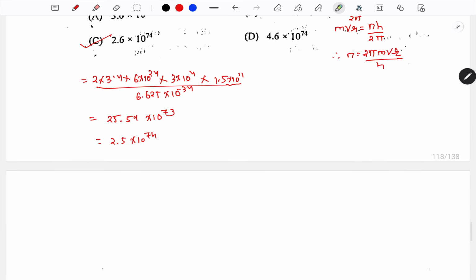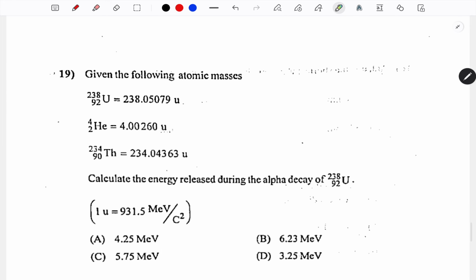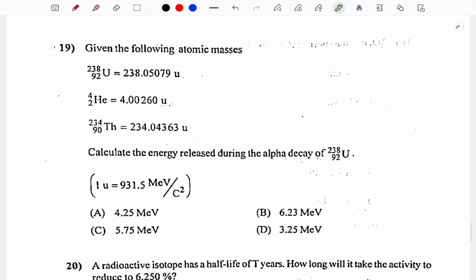On moving further, let's see what the next question is. Okay, given the following atomic mass numbers for uranium, helium and thorium, calculate the energy released in alpha decay.